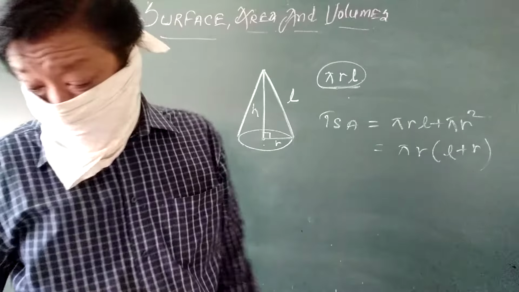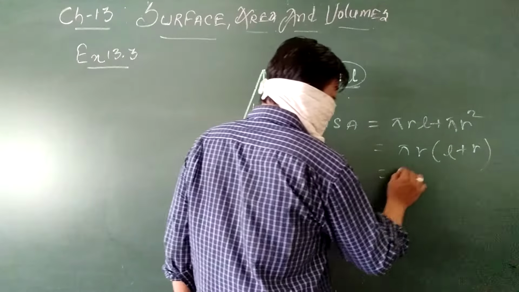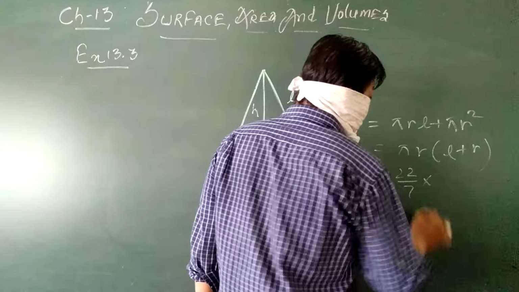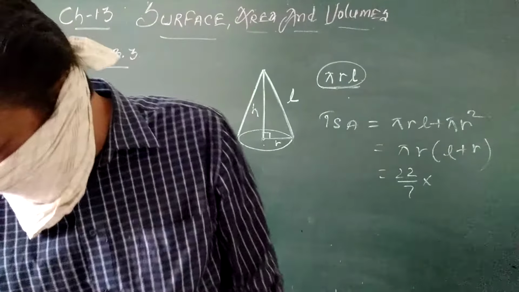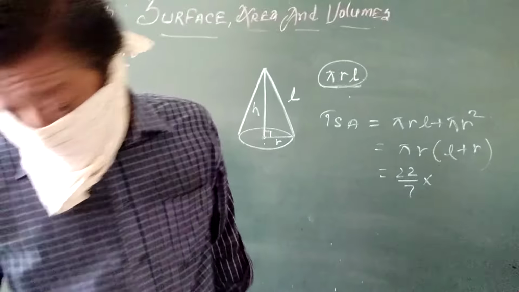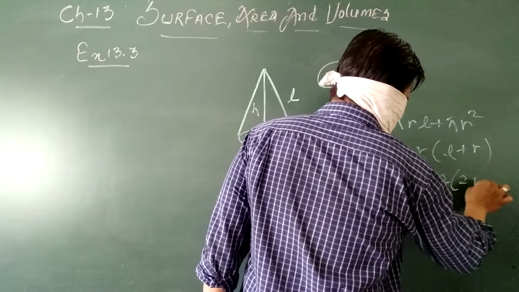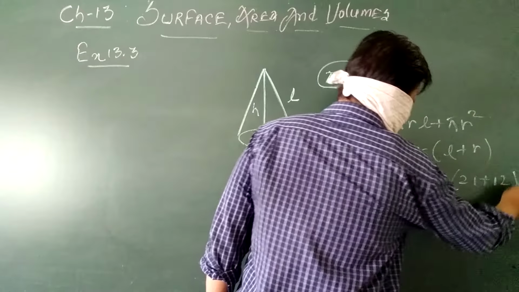Now, by putting in the values, pi is not given, so you can take it as 22/7 into r. What is r? r is given as 12. Slant height is given as 21, plus r is 12.